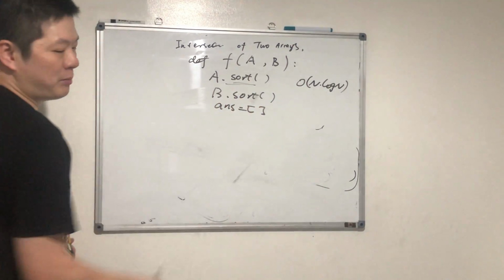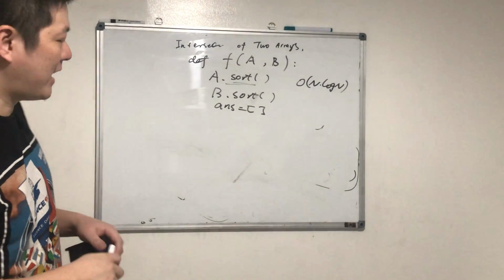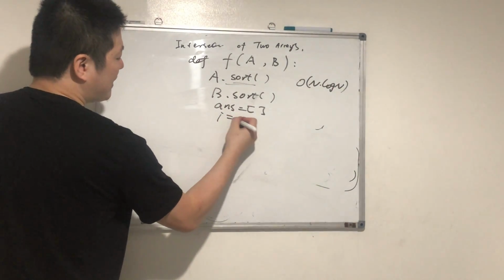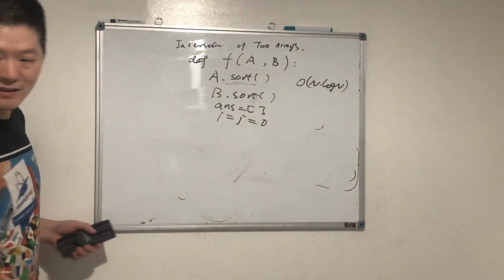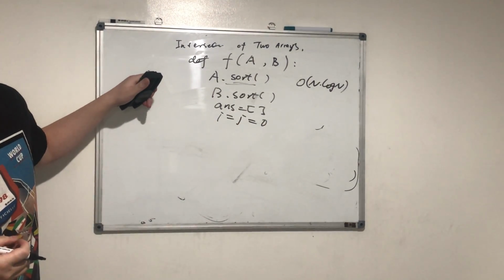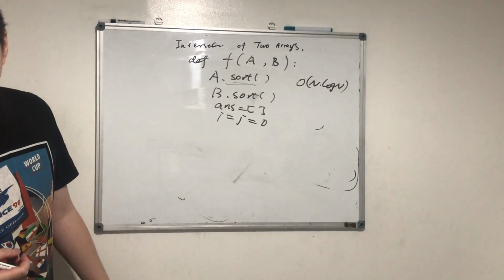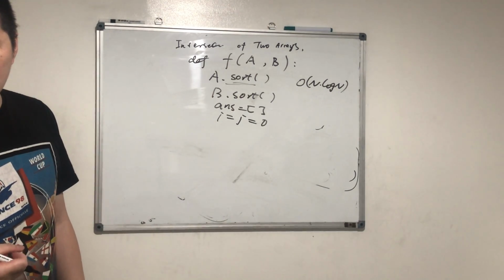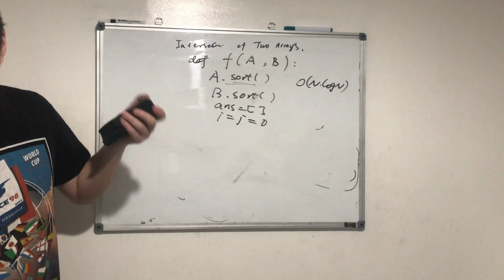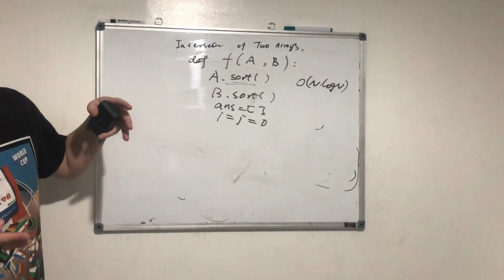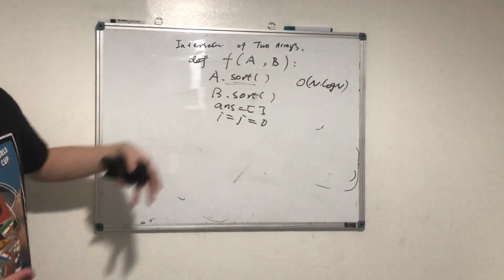We're putting the common elements in the array. Okay. Then look, i equals j equals 0. What does it mean? i is 0, j is 0. What's i and what's j? We want two pointers, two pointers pointing to the beginning of the two arrays, right? Okay.